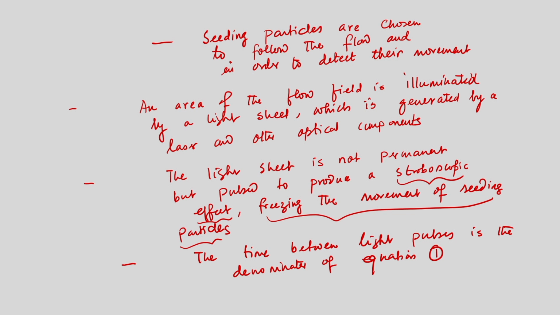So, that means the stroboscopic effect, the continuous moving object is represented by a short series of samples. So, the moving object can be represented by a series of short instantaneous movements. So, it is not a continuous movement.